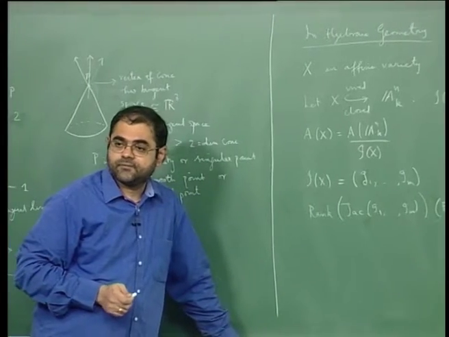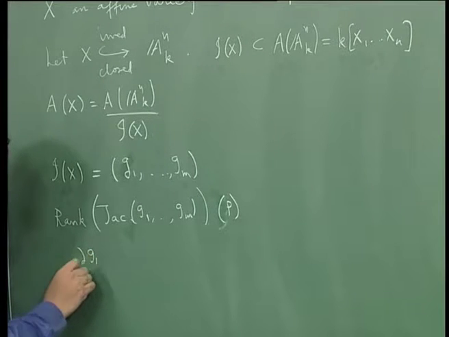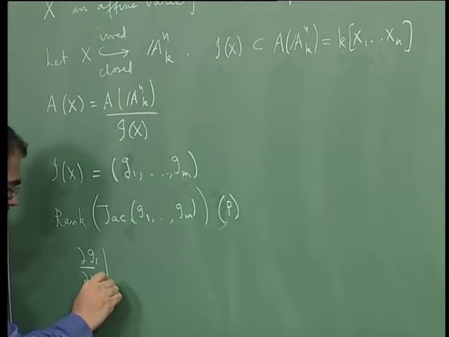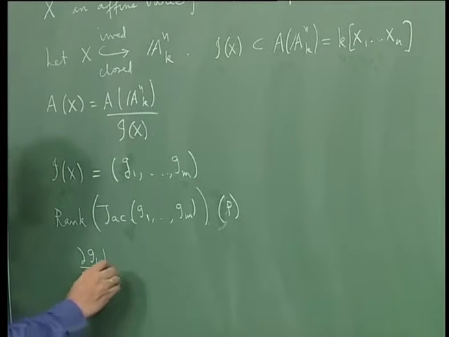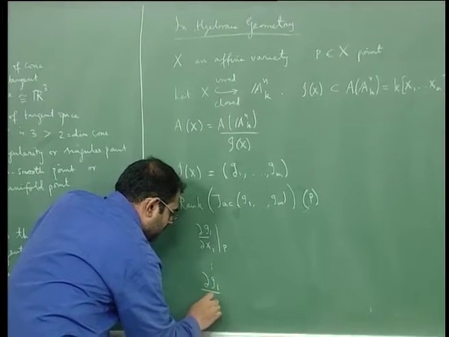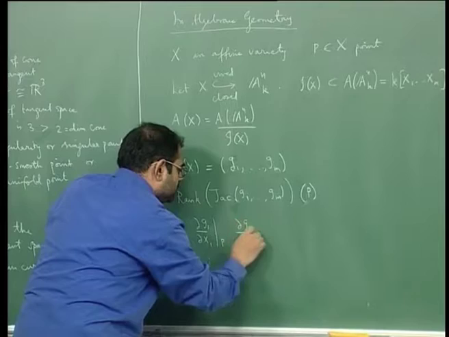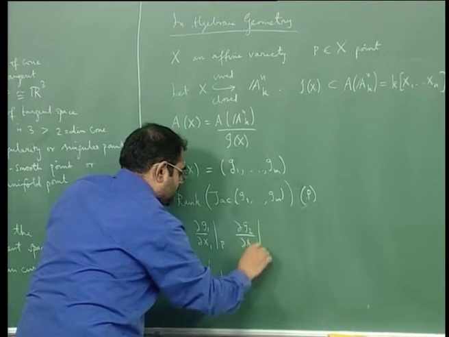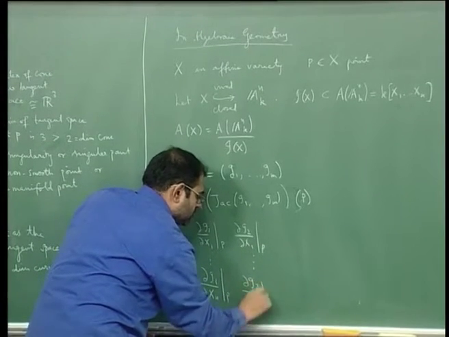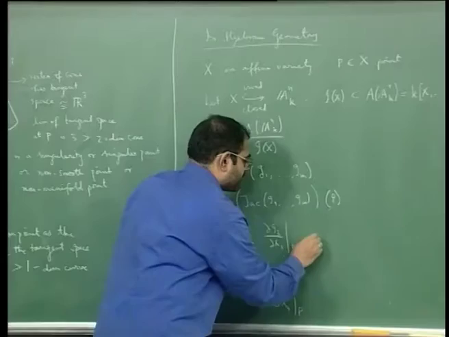Calculate this number. Basically, you take G1, partially differentiate it with respect to x1, and evaluate it at P. Then you do the same with G1 with respect to all the variables up to xn, and then you repeat it with G2 with respect to x1 at P, up to the partial of G2 with respect to xn at P, and so on.